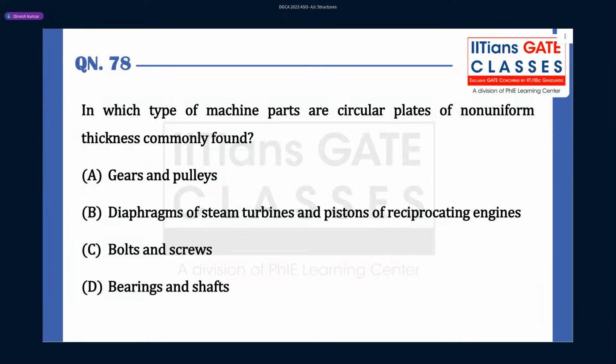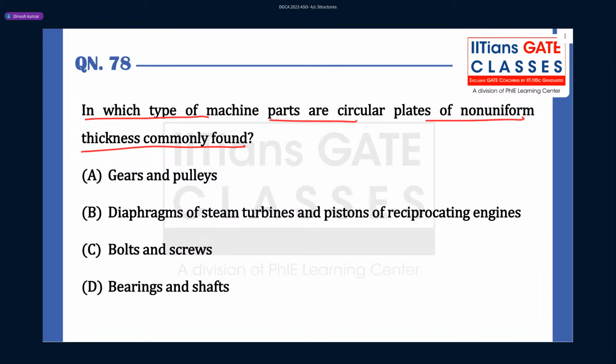Now, question number 78, what it says, in which type of machine parts are circular plates of non-uniform thickness commonly found? So guys, this is again related to plate, but the application is in aerospace structure.